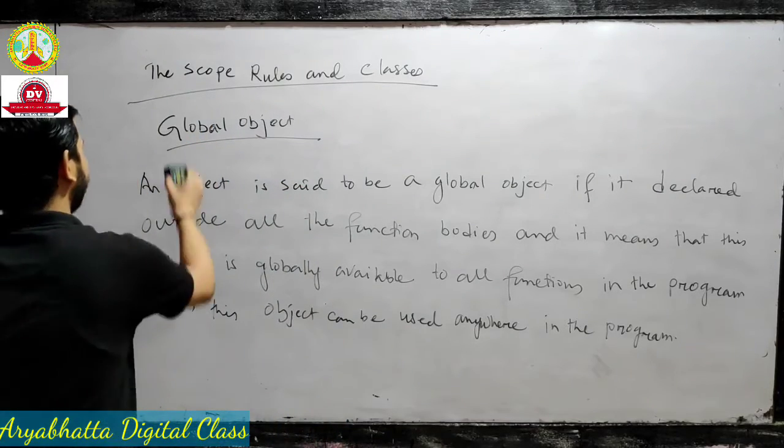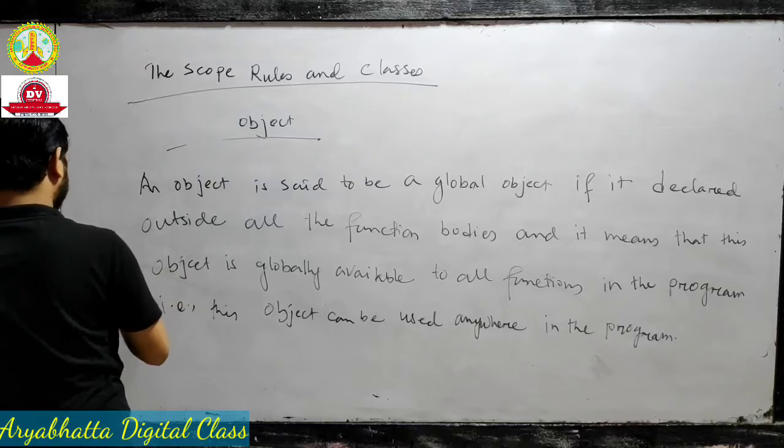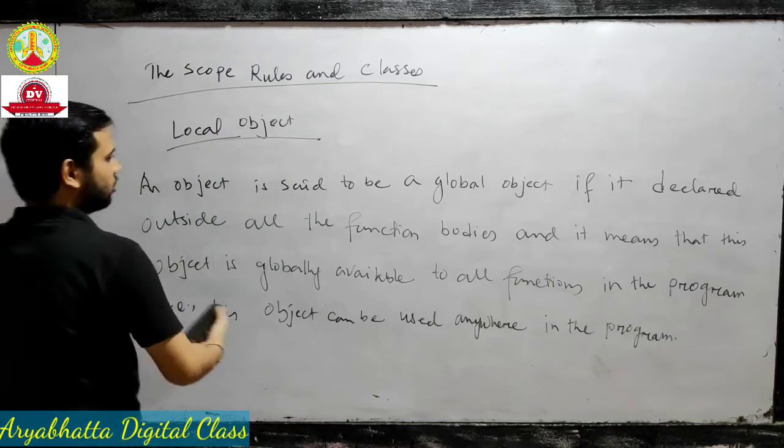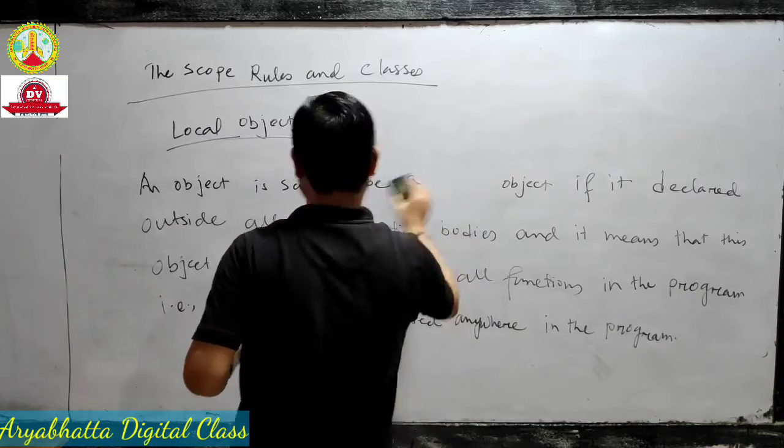And the last one, I write down local object. These four topics are very important: global and local object, and global and local class.